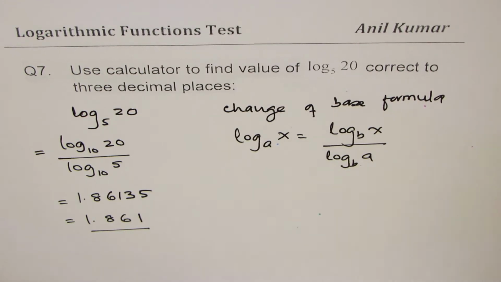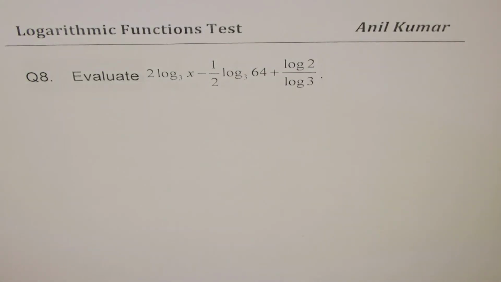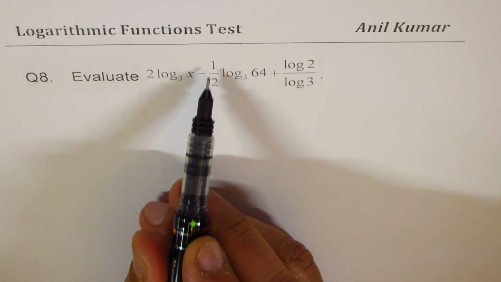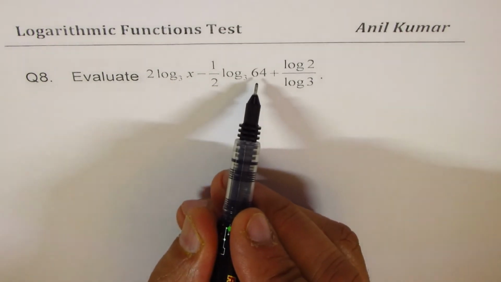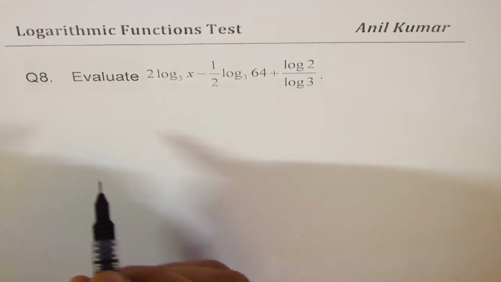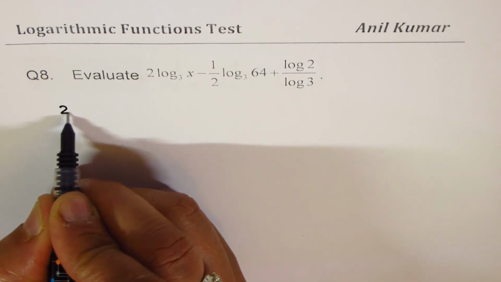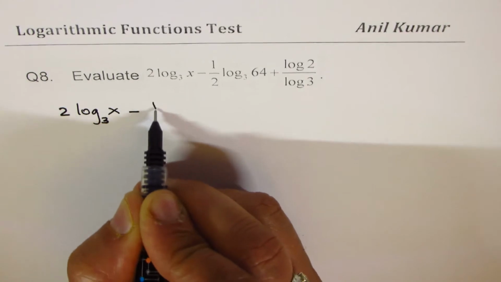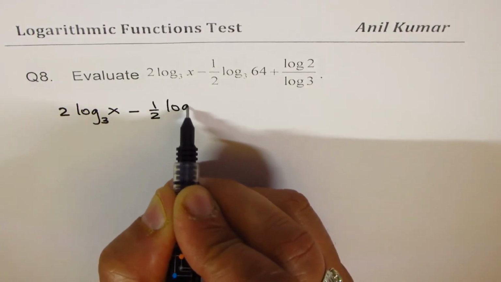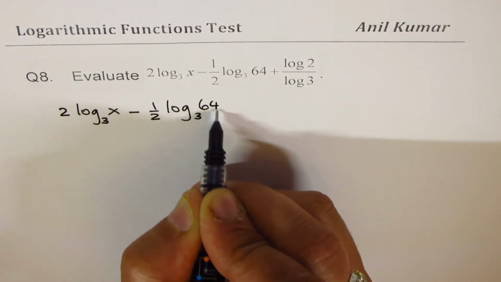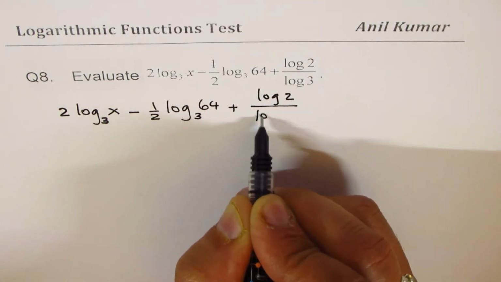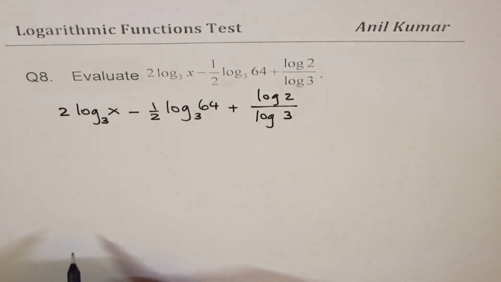So let's move on. Here we have question number 8. We need to evaluate 2 log to the base 3 of x minus half log to the base 3 of 64 plus log 2 over log 3. Let's rewrite this. So we have 2 log to the base 3 of x minus half log to the base 3 of 64 plus log of 2 divided by log of 3.